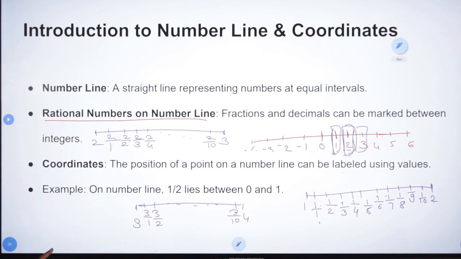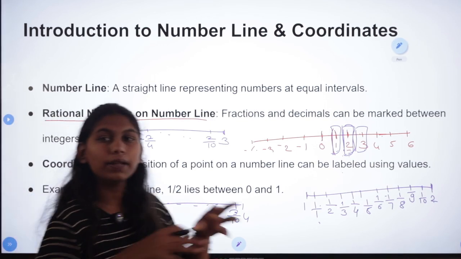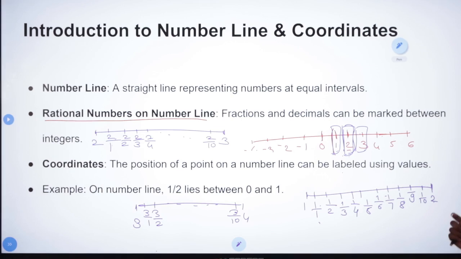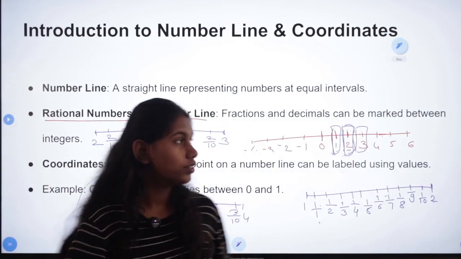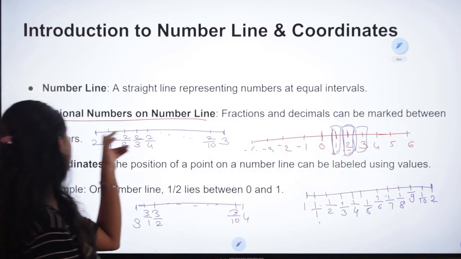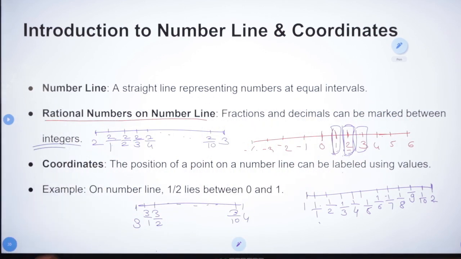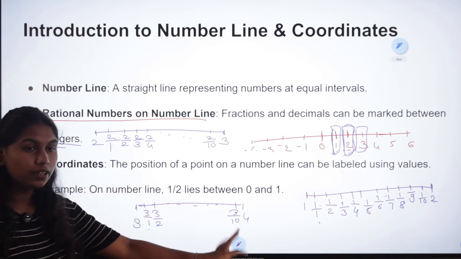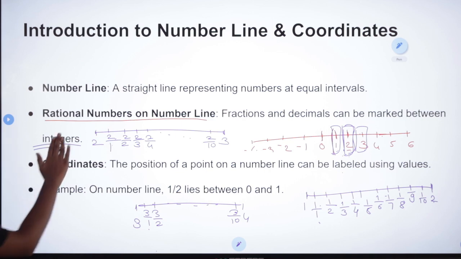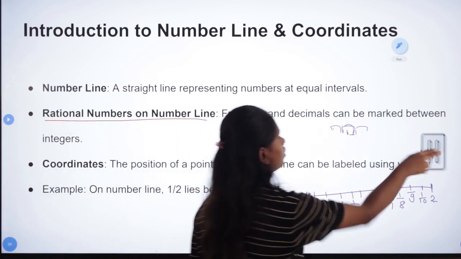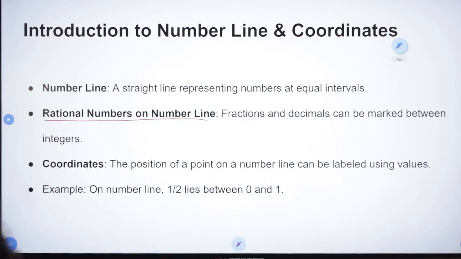So these are all known as rational numbers, which are in between the two coordinates. Next, fractions and decimals can be marked between integers. That means you can mark fractions and decimals in the space between two coordinates, which is the space of rational numbers.